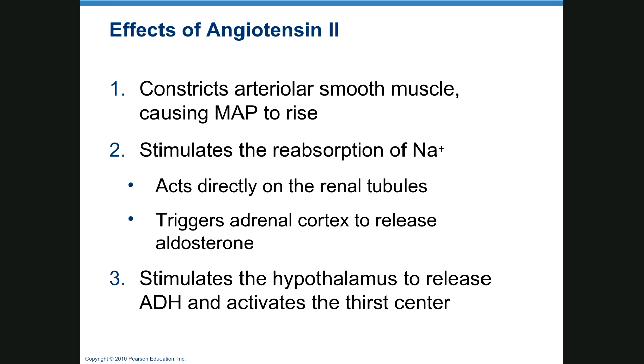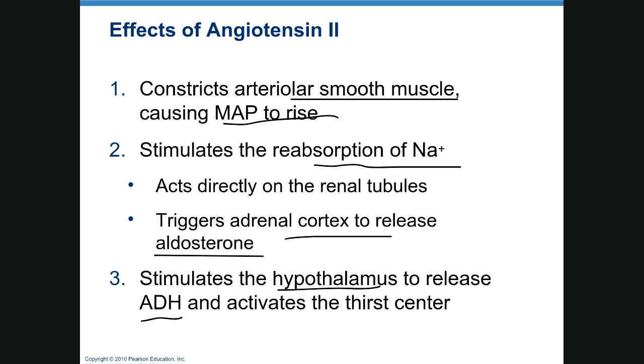Angiotensin 2 causes arterial smooth muscle to constrict, so mean arterial pressure, your blood pressure, rises. It stimulates resorption of sodium, triggers the adrenal cortex to release aldosterone, stimulates the hypothalamus to release antidiuretic hormone, and also makes you thirsty.